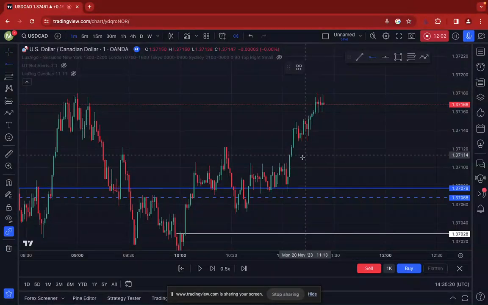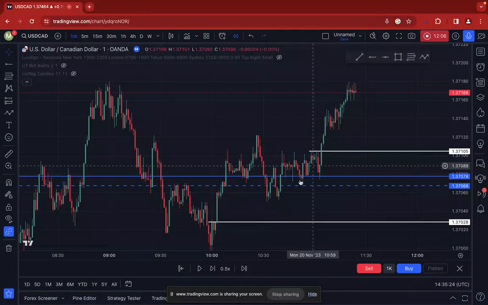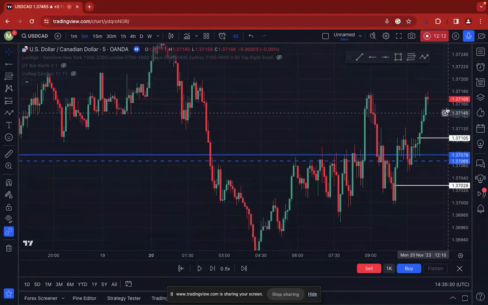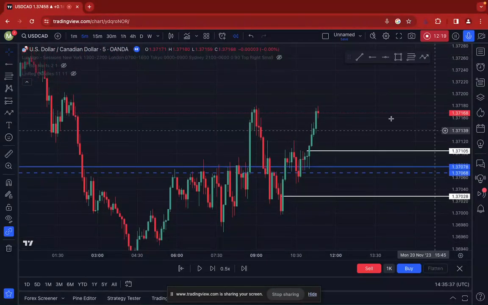We're also having this as an M1 here that is in confluence with this previous low of day, which now is very, very good. This is a very high entry point for me. And also it is in confluence with the M5. Okay, so I'll be waiting to see if price will come back here.